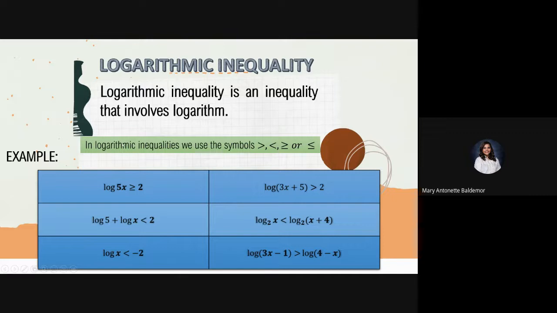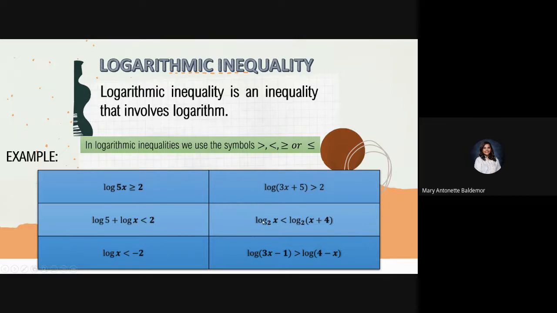So here are some examples. The logarithm of 5x is greater than or equal to 2. The logarithm of 5 plus logarithm of x less than 2. The logarithm of x less than negative 2. The logarithm of 3x plus 5 greater than 2.